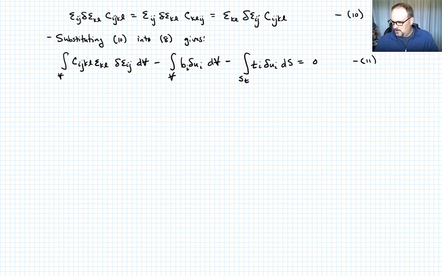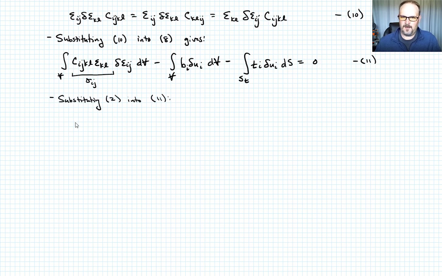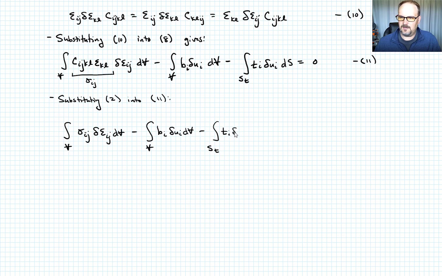Okay, we're almost there. Now I'm going to substitute equation 2 into equation 11. If you remember what equation 2 was, it said that quantity must be sigma_ij, right? So we now end up with the integral over the volume of sigma_ij delta epsilon_ij dV, minus the integral over the volume of b_i delta u_i dV, minus the integral over the portion of the surface with the traction boundary of t_i delta u_i dS, is equal to 0.